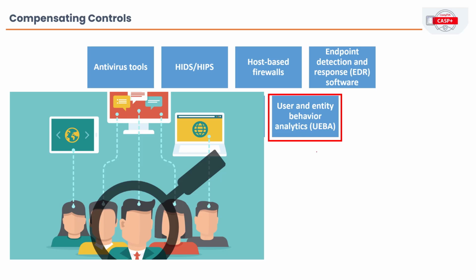And the last one is User and Entity Behavior Analytics, or UEBA. It is becoming more and more common to use analytics to identify patterns of behavior in order to protect valuable company data. When a user account is suddenly used inappropriately, the system has the option of notifying administrators or stopping the behavior.